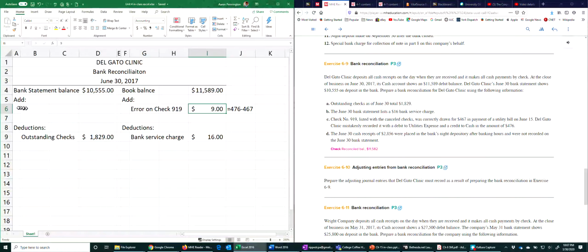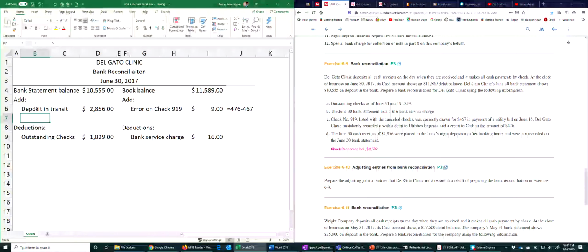Well, that's the textbook definition of a deposit in transit. It was deposited after the close of business on June 30th. So we're going to add that to the bank statement balance.